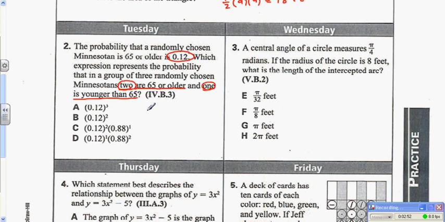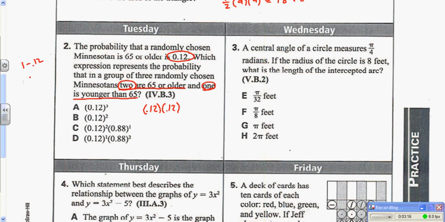So the probability of getting 2 people 65 or older is 0.12 for the first one, 0.12 for the second one, and you have 2 choices. You have older, which is 0.12, and the other, which is younger.